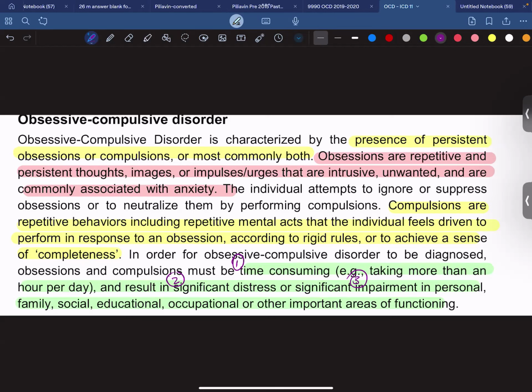Another keyword I'm using here is neutralizing that particular thought. Now, how does an individual who is a potential OCD patient try to neutralize it? The thought is neutralized by acting upon it, by performing a compulsion that helps the individual get over that thought.